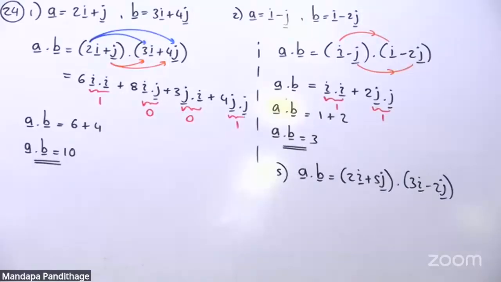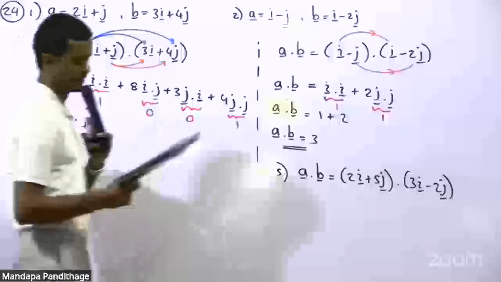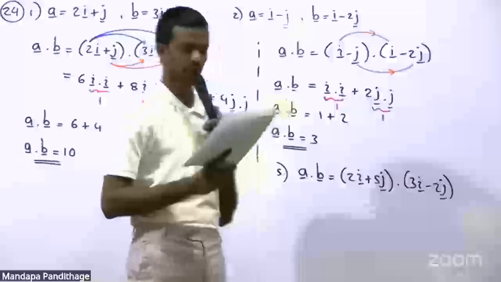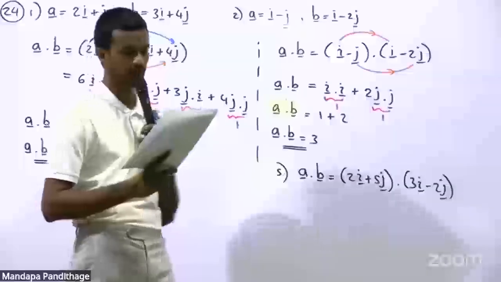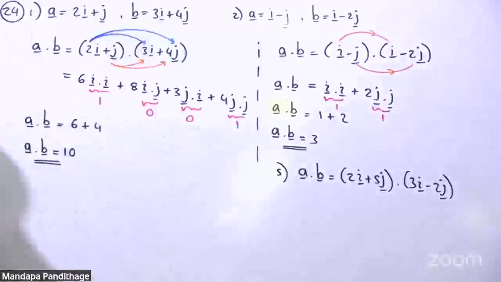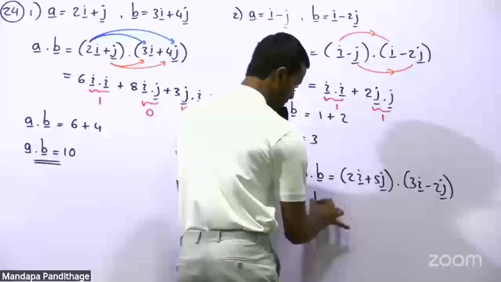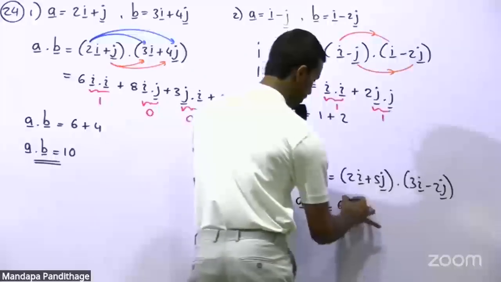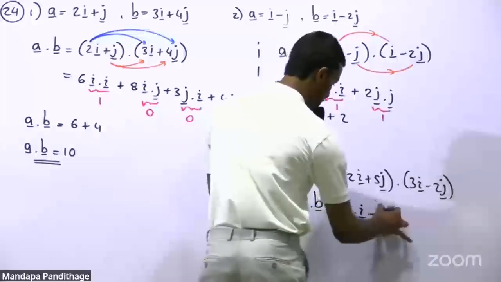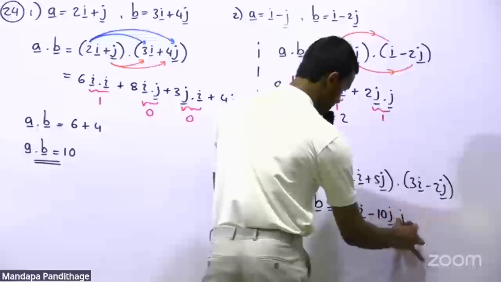Okay, so question number 3, it's minus 12 plus 28. So it's plus 16. Question number 4, it's 15 minus 1, it's 14. And question number 5, it should be 6 minus 10 minus 4. So A dot B gives you 6, I dot I minus 10, j dot j.